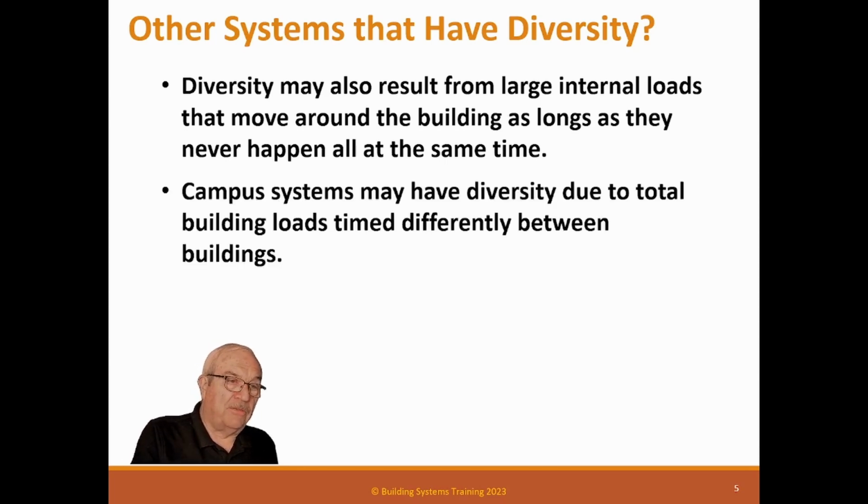Another one that I've run into is campus systems, which may have diversity due to building loads being timed differently between buildings. If you have a campus and for some strange reason one building is open at night and the rest aren't, or some other circumstance leaves them unoccupied, the central plant that runs many buildings may actually have diversity.